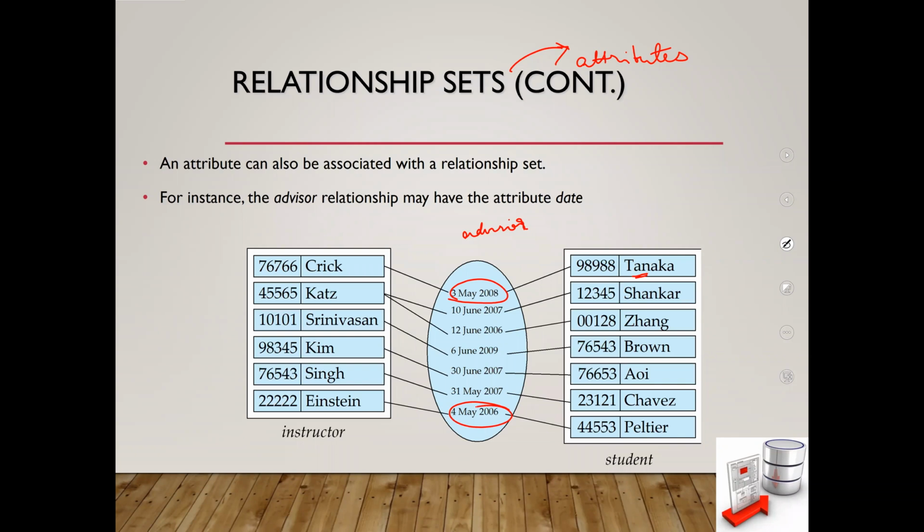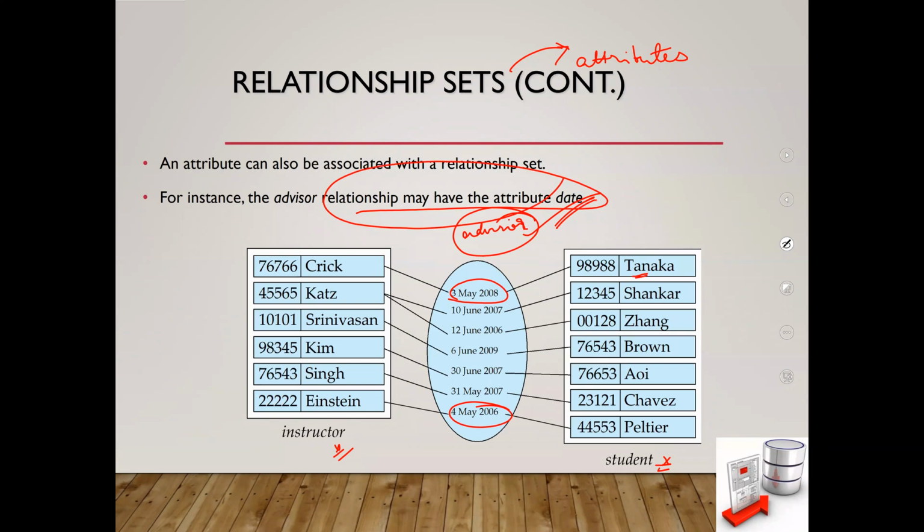Actually, this date has nothing to do with the instructor entity. It has even nothing to do with the student entity. But this advisor relationship must have an attribute like when that student was assigned. So in such a case, not always, the relationship may have an attribute. It need not always be date.